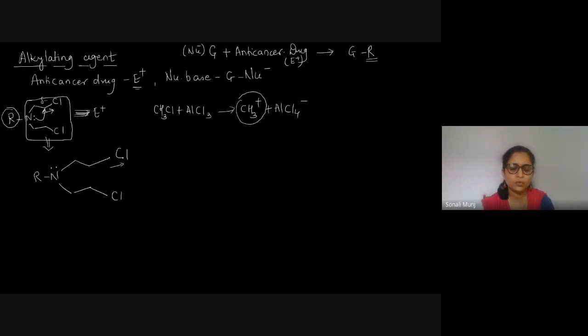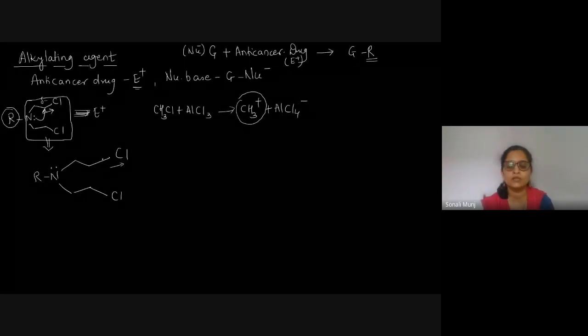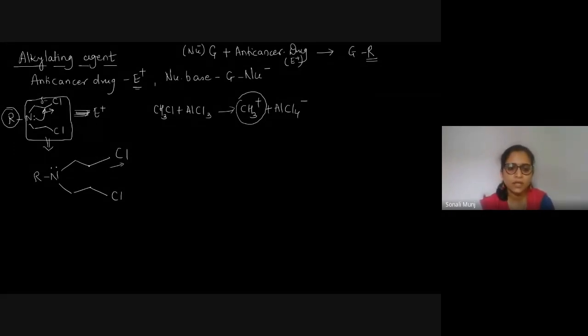It will pull the electrons through this aliphatic chain, and because of this, the carbon immediate to the attached chlorine would be delta negative. Sorry, it would be delta positive, because the electron cloud is shifting towards the chlorine. So this carbon is delta positive.